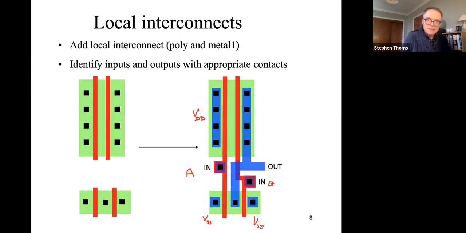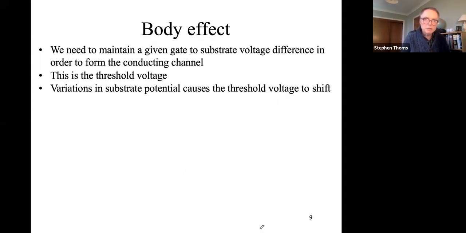What we need to do next is think about another issue, which is the body effect. And we've really just ignored this up to now. But if we want a MOSFET to work, we need to correctly connect up the body, because it's the difference in voltage between the gate and the substrate which will give rise to the conducting channel.